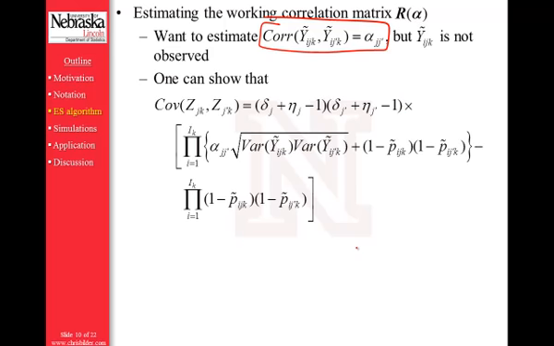What one can show is that the covariance for the group responses for disease j and j prime is actually a polynomial function of these individual correlations, a polynomial of order I sub k. Once I have that, I have established a relationship between something I don't know and something that I could perhaps estimate, and then eventually solve for the estimates of these alphas.